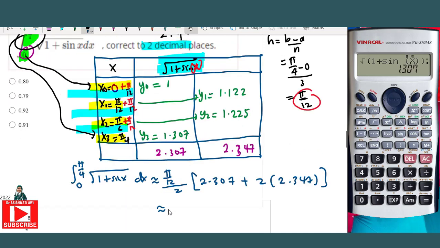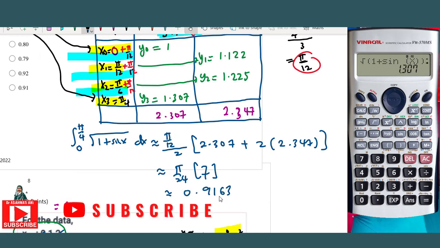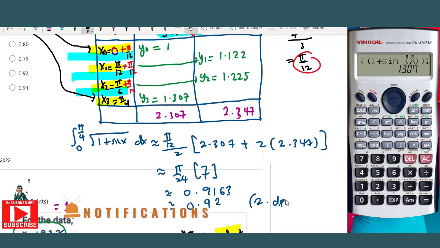Calculator, give answer. Substitute here. Then the calculator gives 0.9163 or 0.92. Why? Because of 2 decimal places.